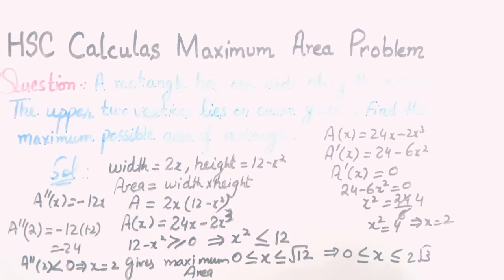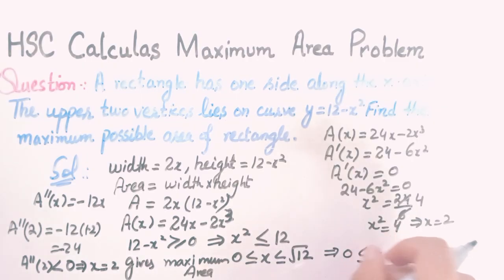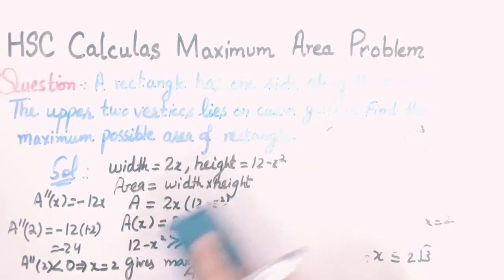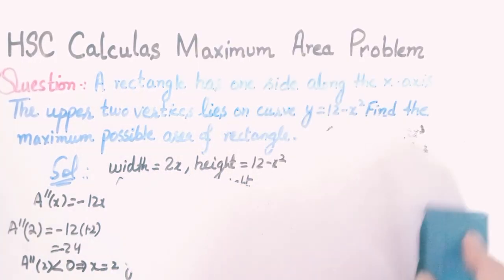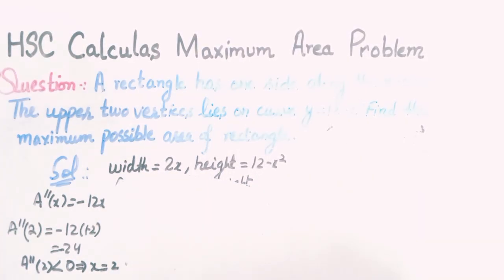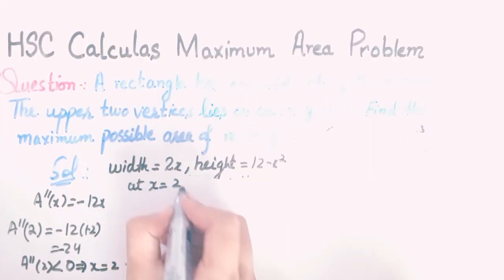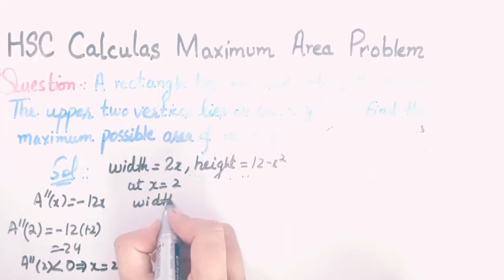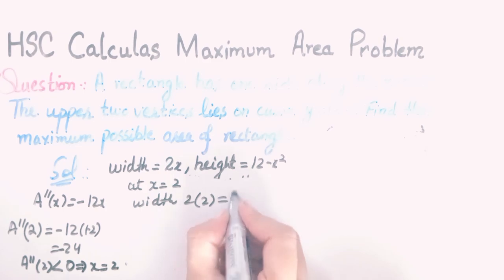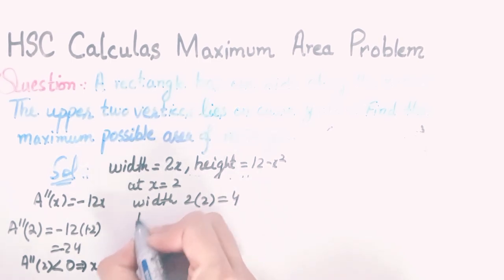So now we will calculate its maximum area. How will we calculate this? We will substitute the value of width at x equals 2. What will be the value of width? So 2 into 2, that is 4. And what will be the height?